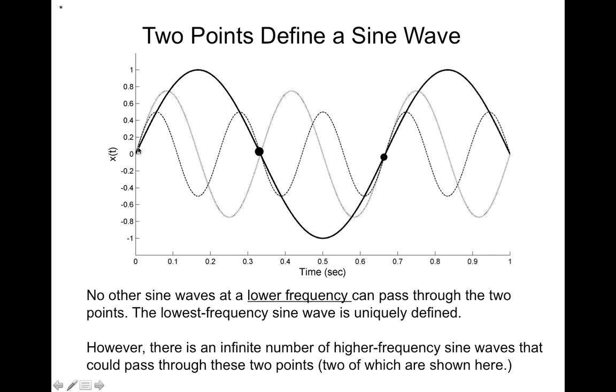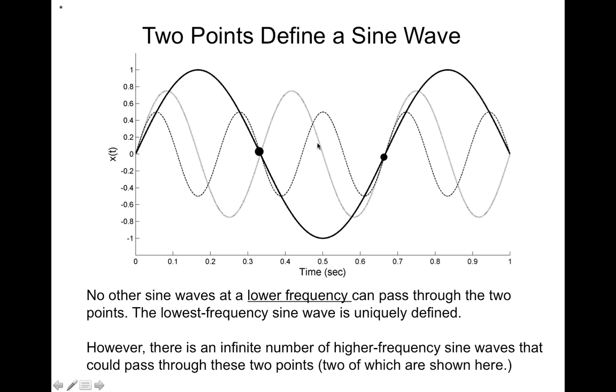But if we had a lower frequency, in other words a slower sine wave, those 2 points would not be on the curve. So no sine wave at a lower frequency could pass through these 2 points. So this lowest frequency sine wave is uniquely defined. But there are pretty much an infinite number of higher frequency sine waves that could pass through these 2 points.